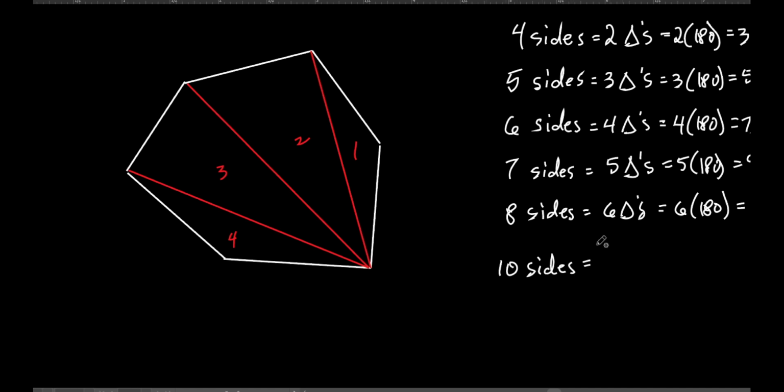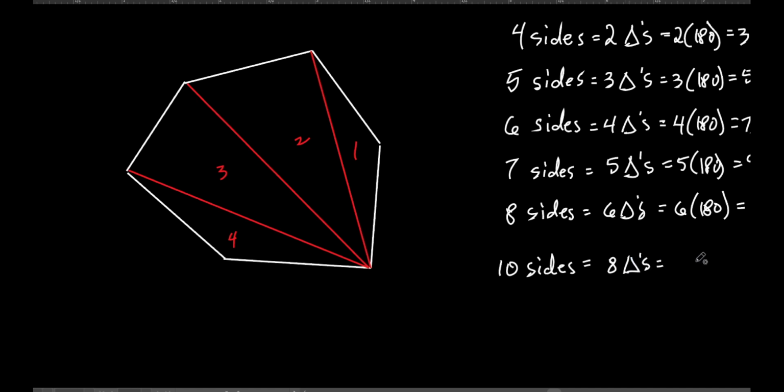How many triangles am I going to have? I'm going to have 8. I jumped from 8 to 10, and I said I wasn't going to put a 9 in there. What I want you to see is not 2, 3, 4, 5, 6. I want you to see 4 minus 2, 5 minus 2, 6 minus 2, 10 minus 2, which is 8 triangles.